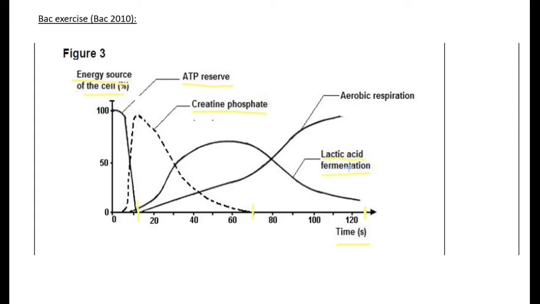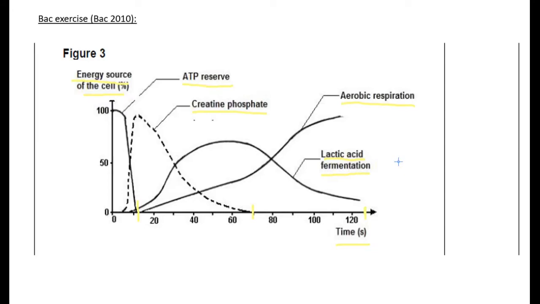So, well, the same thing that bacteria in yogurts do. And if the effort lasts more than 2 minutes, then the organism is going to switch to aerobic respiration. So you know this quite well now. So glycolysis, Krebs cycle, oxidative phosphorylation.